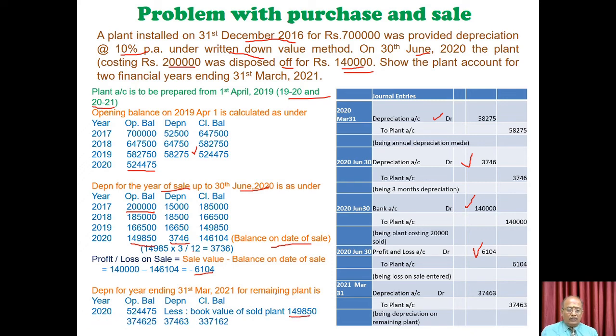So subtracting these two, we have the value of 3,74,625. For that we provide 10% depreciation. So this will be the closing value in the books of account. So for this 37,463 we provide depreciation for the current year, that is the last year, 31st March 2021. So these are the journal entries.